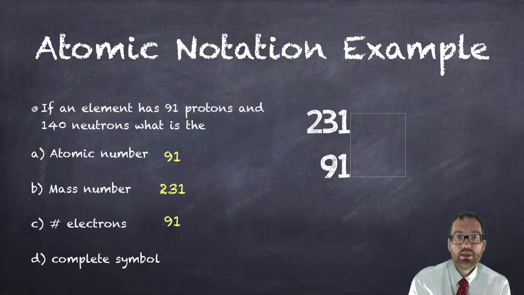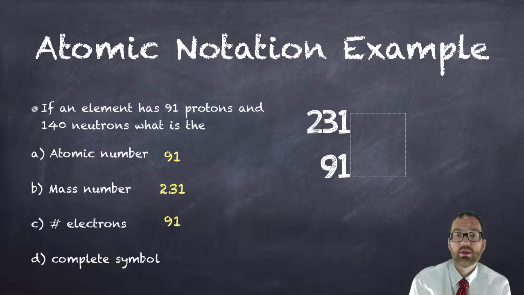And last, what we need to do is find the complete symbol. So we have two numbers to go off of here. We could search for which element weighs 231, or we could search for which element has an atomic number of 91. You always want to go with the atomic number. Some element on the reference table might weigh 231, but there are these things called isotopes, which could make an atom that doesn't normally weigh 231 weigh 231.